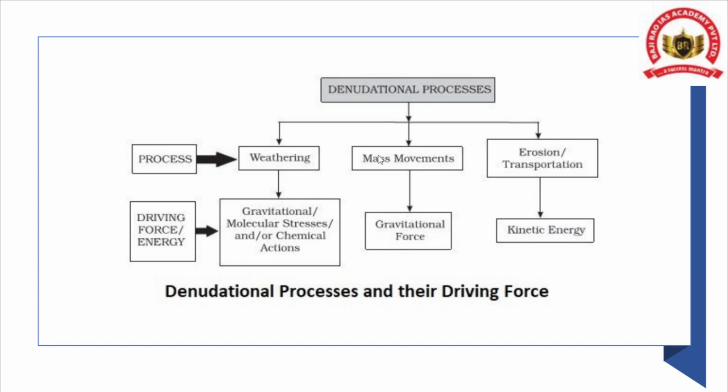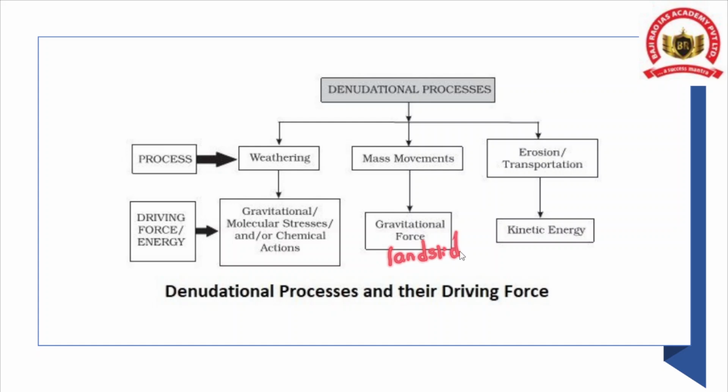After weathering, the denudation process also involves mass wasting, erosion, and transportation. Erosion and transportation usually take place through kinetic energy, the movement of topsoil based on kinetic energy, while mass movements usually take place because of the gravitational force. For example, yesterday I told you about landslides.